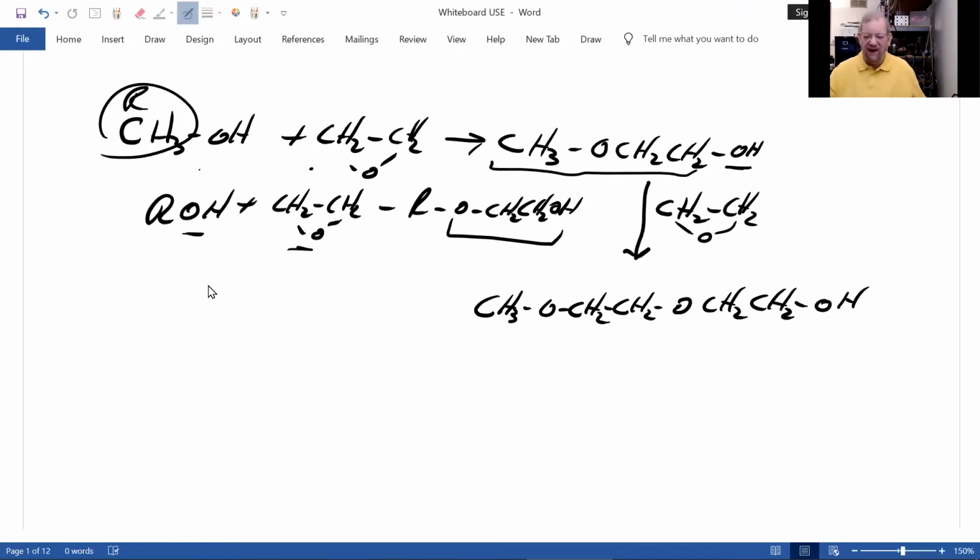And if we look at this molecule, what do we have here? Well, we have an ether here, and an alcohol here. So if I take this and react it with more ethylene oxide, this is the R group of my alcohol.